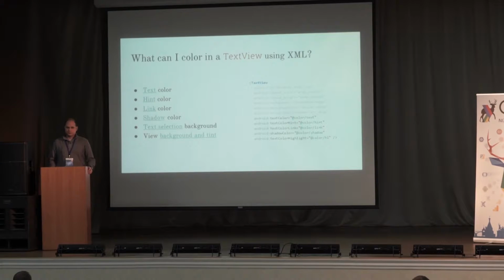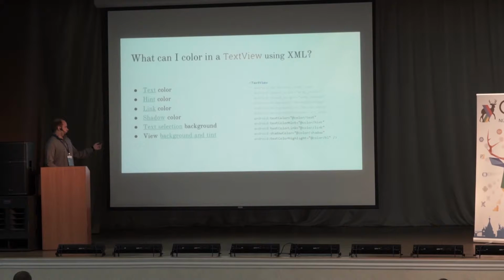Shadow, I have no idea what that is. I've never used it, so if anyone knows, feel free to tell me. Probably useless. And then text selection, that's when you move the marker, select some text, and that's the background. Unfortunately, as far as I know, you cannot color the text color of that selection. So if your text is red and your selection is red, your text becomes invisible. That's unfortunate, but it is what it is.